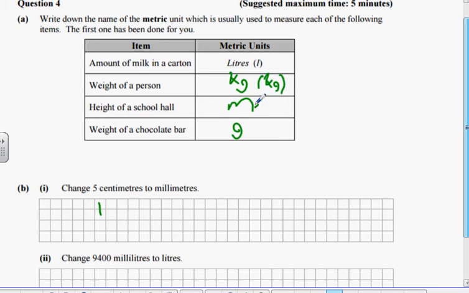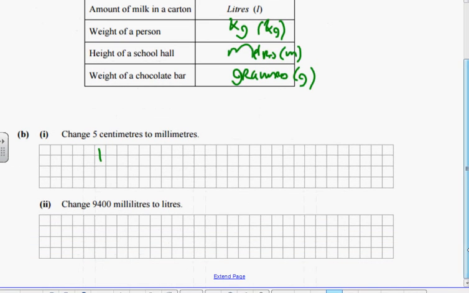Liters and meters, grams. So G, you wouldn't really lose marks for that, I'm guessing. I'll put it in just in case.